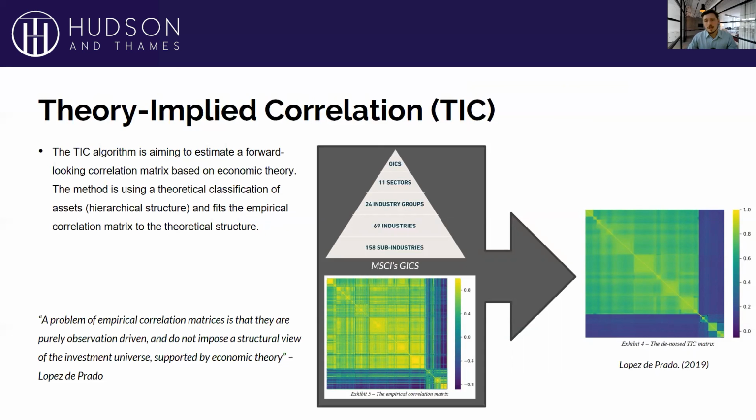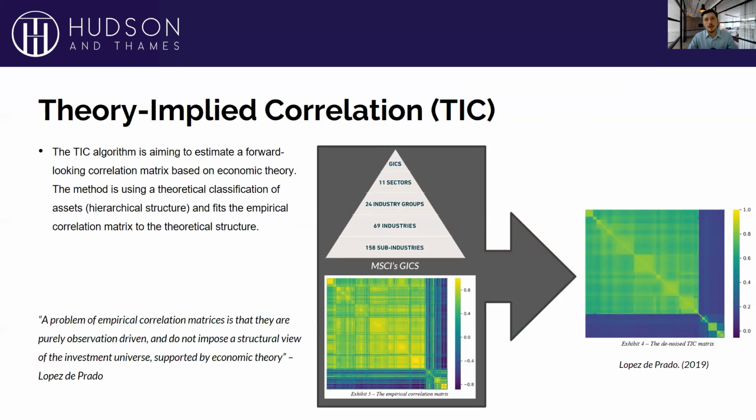Also worth noting that as a theoretical structure, not only the GICS can be given, but basically any structure, because for some assets, for some variables, there may not be a ready structure available to be used. In the original paper, it's also proposed that, for example, a structure can be taken as an output of a machine learning algorithm.